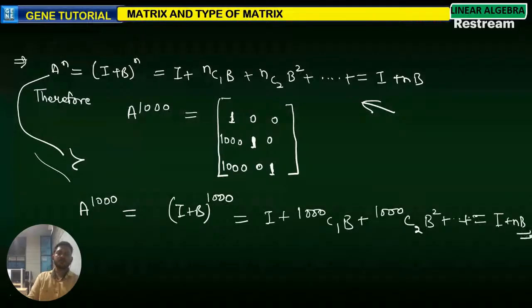So this is the basic approach for solving this type of problem: use I plus B type entries and take the power n.